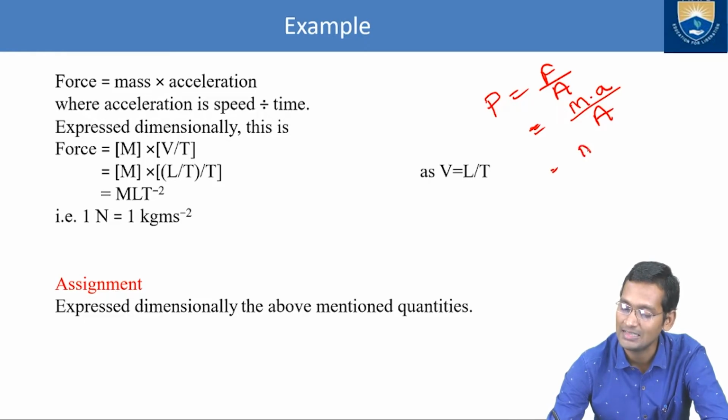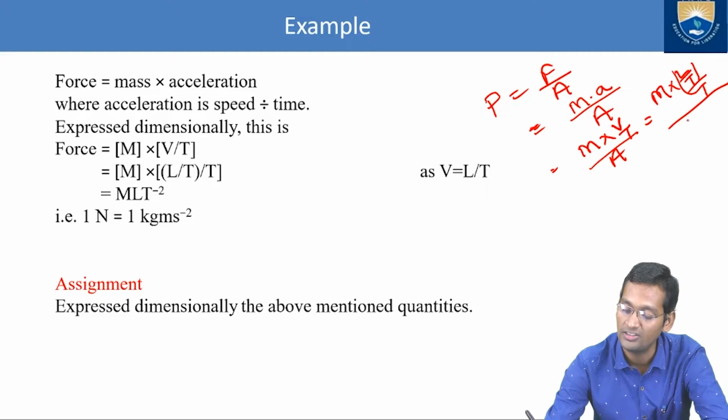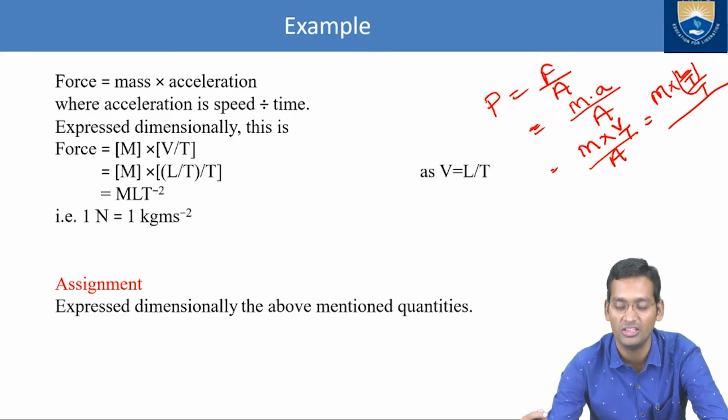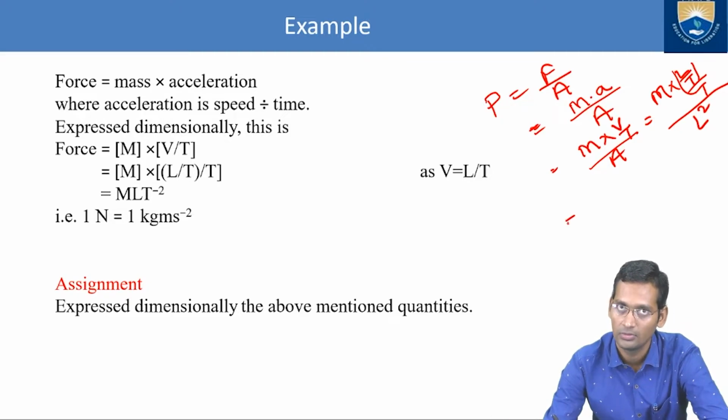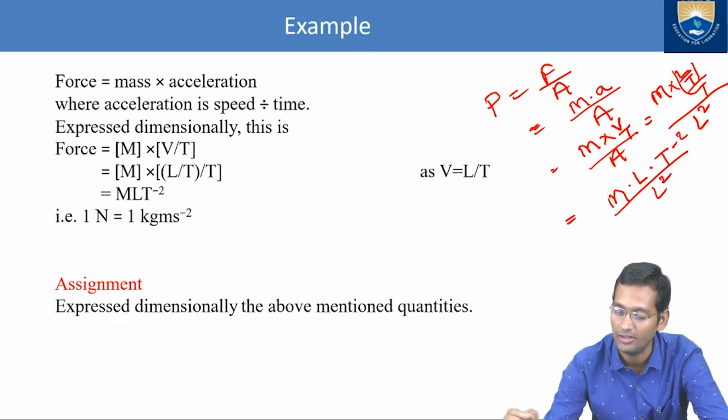Now mass, acceleration is what? V by T by area. This we can write again, change V. So M into V is L by T by T, and this area is what? Meter square, that is length square. So here I am writing L square. So now just see here what? M, then this L, then this is T minus 2, that already we had seen, and by L square.